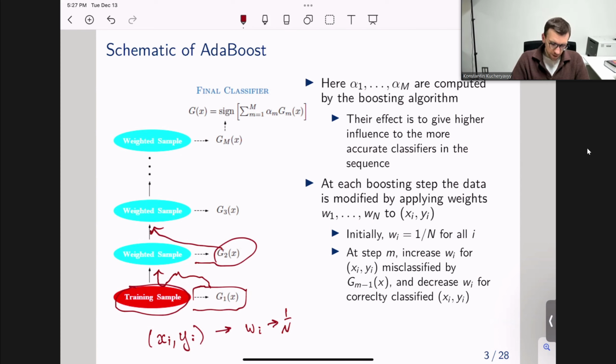The idea here is to focus on the most problematic observations at each stage. The most problematic observations get a bigger weight, so that we want to use the next classifier to more correctly classify the problematic observations, and we do it sequentially, iteratively.